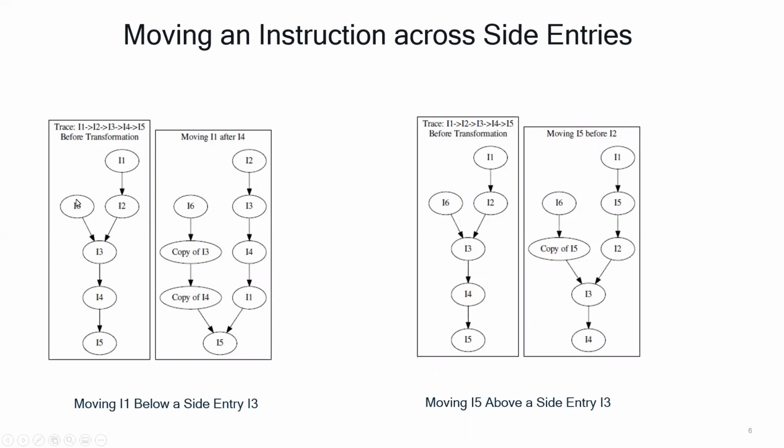Arun, there is a question in the chat box. What does moving I1 after I4 mean? Is the source code being changed, or are we doing some optimization step? Yes, sir, the source code is being changed. We are transforming the program.